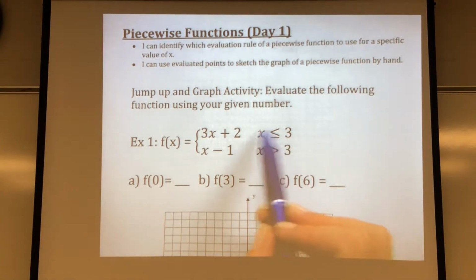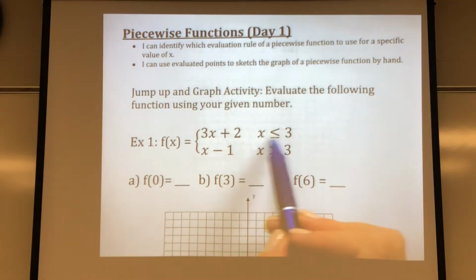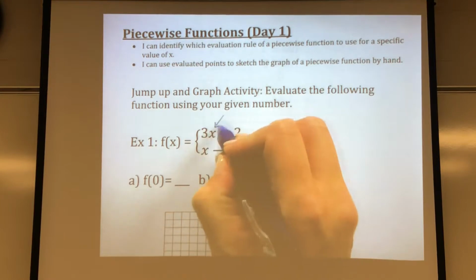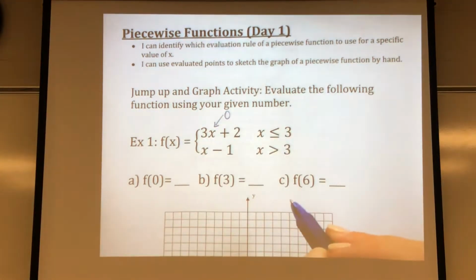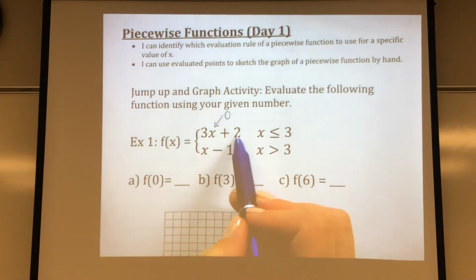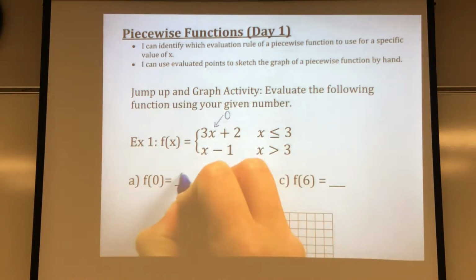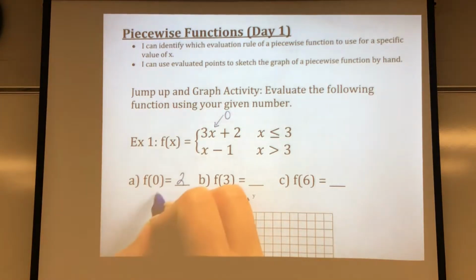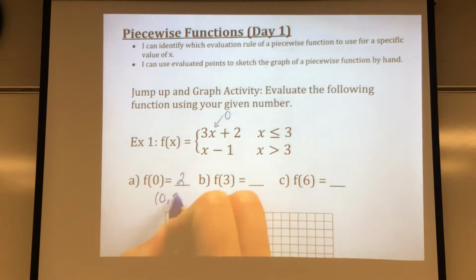So that tells us that we're going to be using this first restriction here. And so what we do is we put 0 in for x right there. Substitute it in. So we'd have 3 times 0 plus 2, which is of course 2. Now how that translates to the graph is this is your input, 0, and 2 is your output.